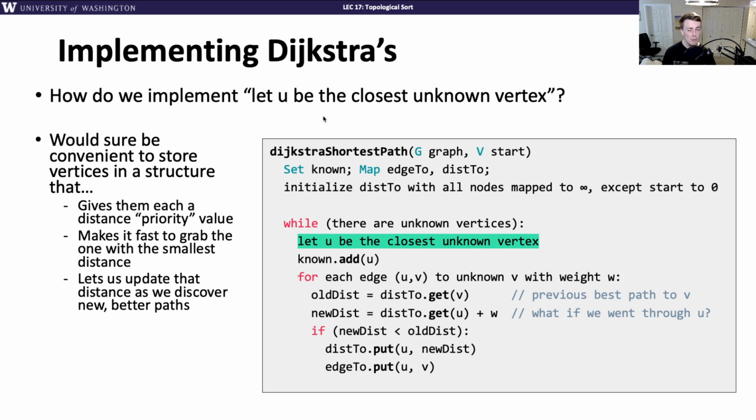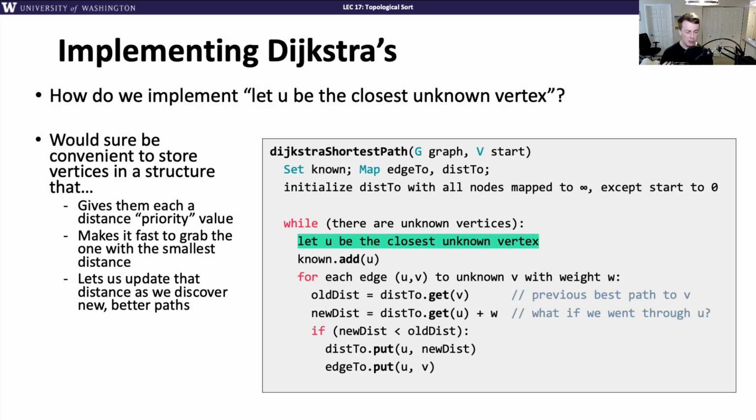So it would sure be pretty convenient if we had some data structure that could store all these vertices and somehow give each one of them some kind of priority, such that I can grab maybe the one with the highest priority, which would correspond to the node with the closest distance, in an efficient manner. And it would also be really nice if this data structure let me update the priority of these nodes so that, once I find a potential shorter path, I can update these nodes.